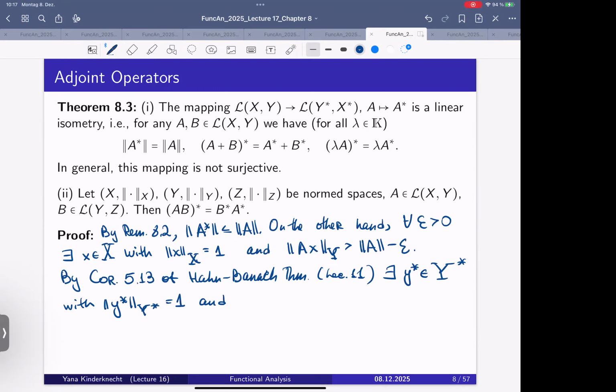And this absolute value, by definition of A star, is nothing else but the value of the linear functional y star at the point Ax. So we can find such a linear functional that its value at a given point is exactly the norm of this point. That is this guy. And we know that this guy is bigger than the norm of A minus epsilon.